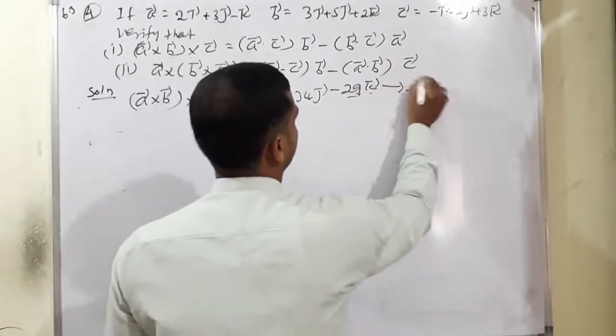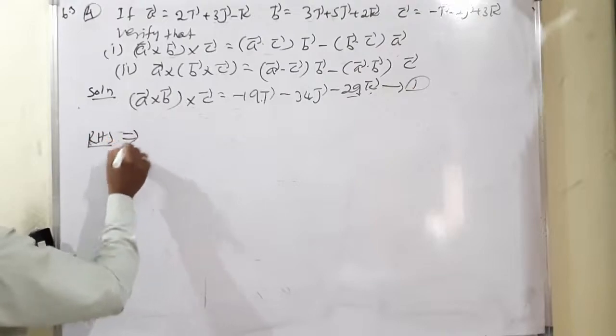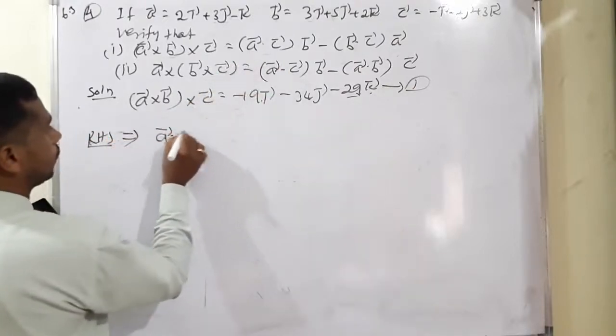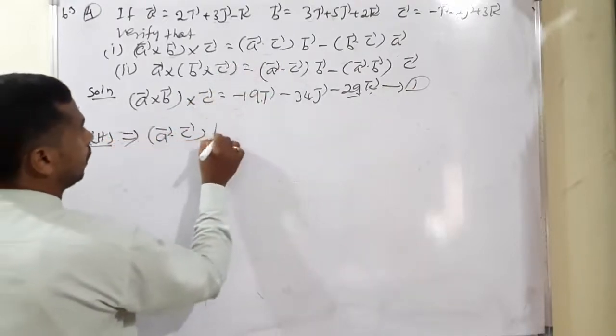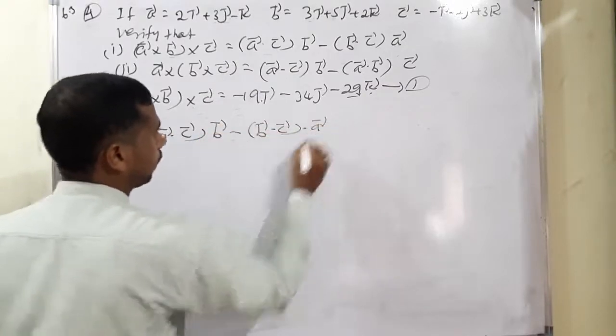This is considered equation number 1. Then what is the RHS term? (a vector dot c vector) b vector minus (b vector dot c vector) a vector.